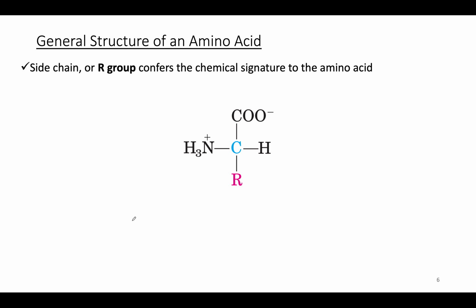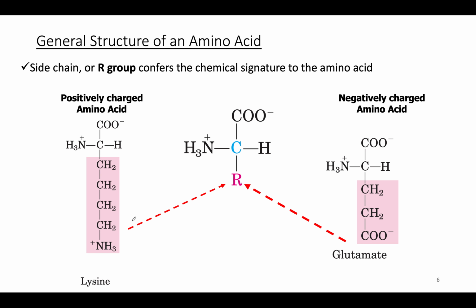Again, of the 20 amino acids, I take 2 amino acids. One is lysine, the other one is glutamate. Both of them have a carboxyl group, both have an amino group, and both of them have a hydrogen.